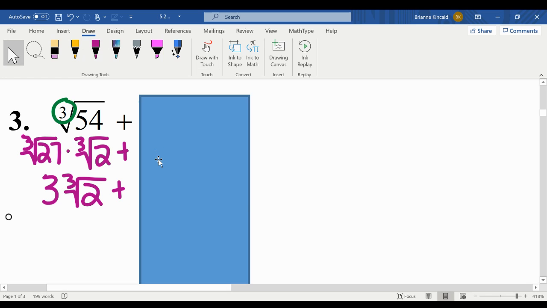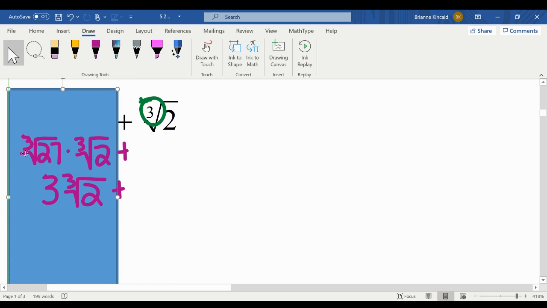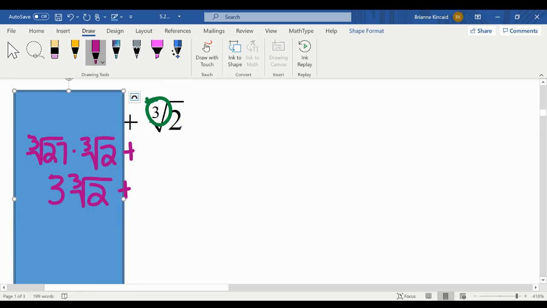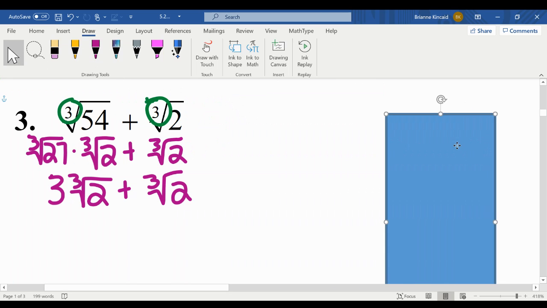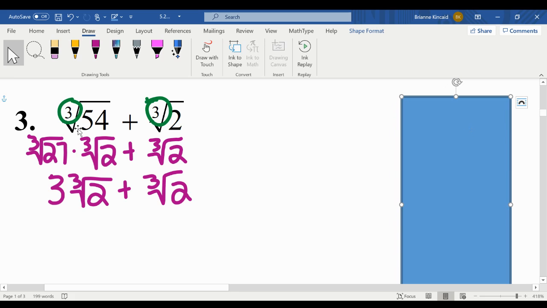So what we're going to do instead is we're now going to cover everything on the left side, and we're going to focus on this cube root of 2. The cube root of 2 can't be broken down anymore, so instead we're just going to bring it down in each step. So I have the cube root of 2 to the right of the plus sign. Because now, if you take that box away and we focus on the problem as a whole, you can see that I have the cube root of 2 for both of these.